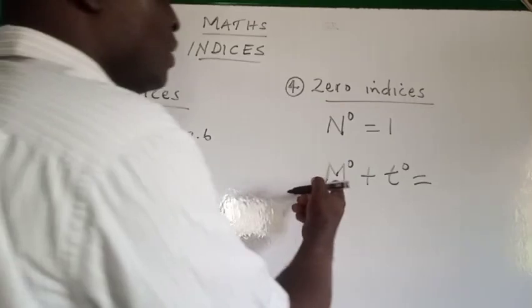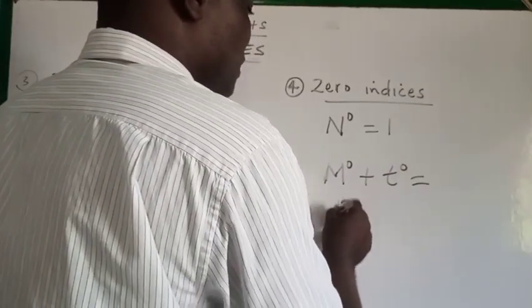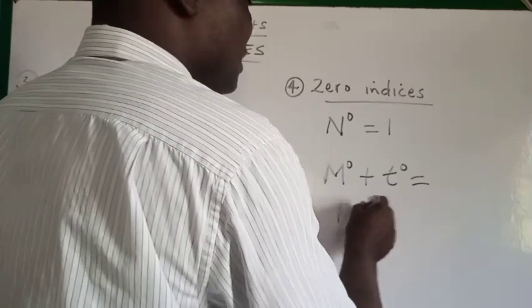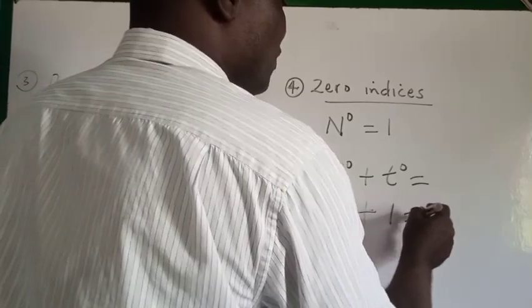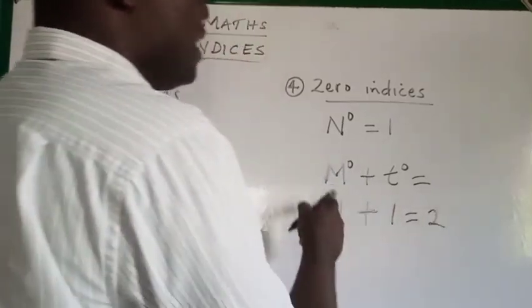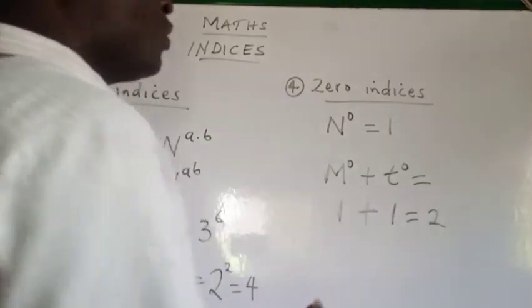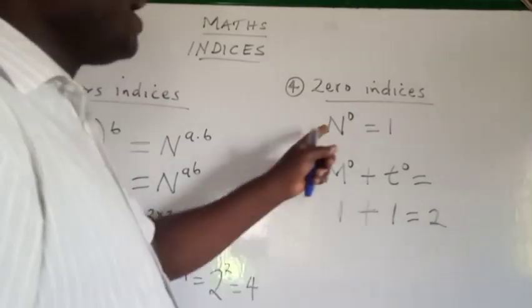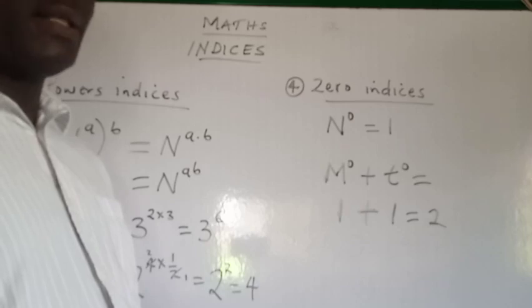So m raised to the power of 0 becomes 1, and t raised to the power of 0 becomes 1, and that will give us 2 as the value. So m raised to the power 0 plus t raised to the power 0 is equal to 2, because anything that is raised to the power of 0 is 1.